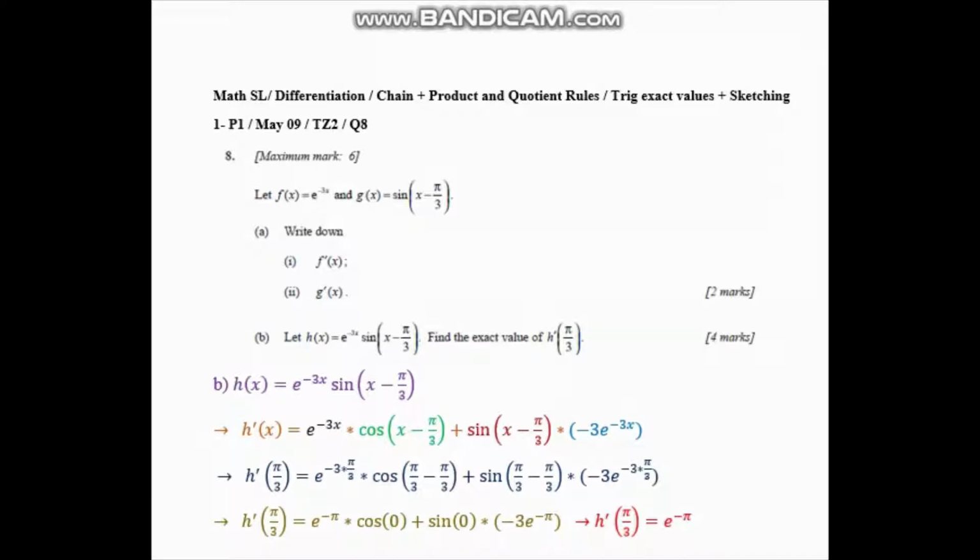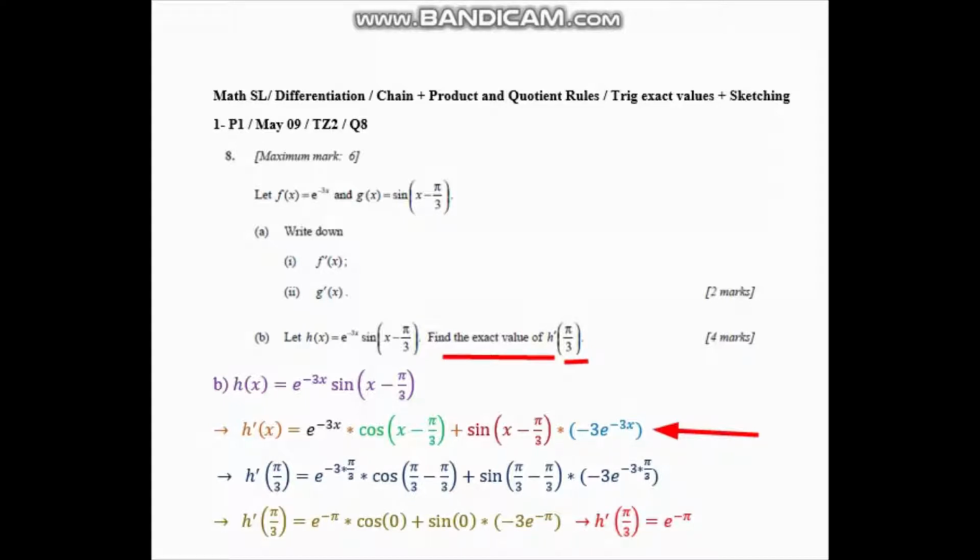So we used the product rule to obtain an expression for h dash of x, the general derivative function, but the question requires that we find the exact value of h dash of pi over 3. So what remains for us to do is to substitute x for the required value, which is pi over 3.